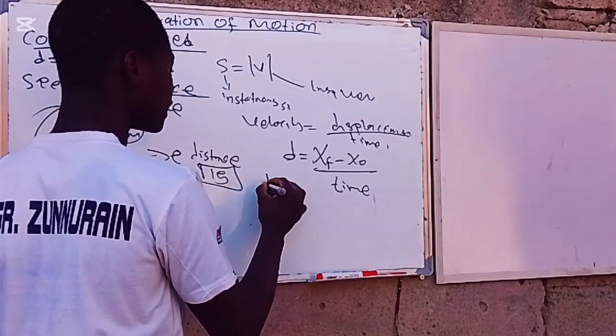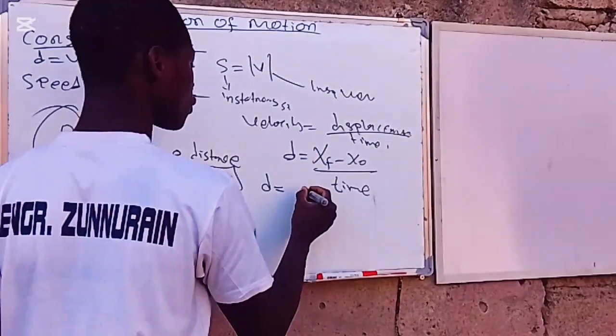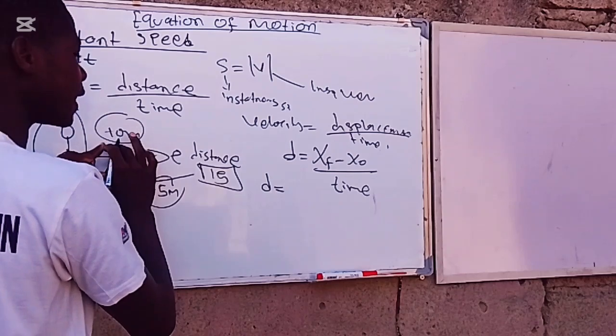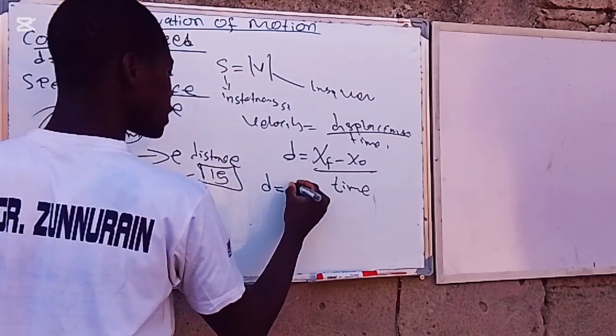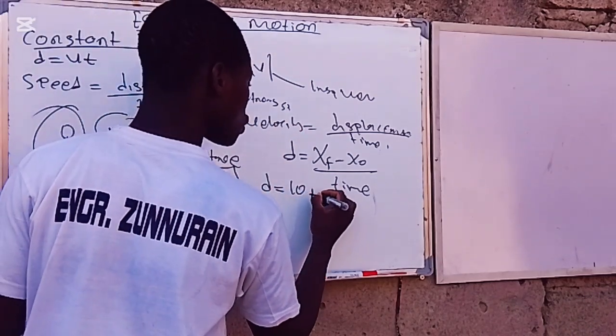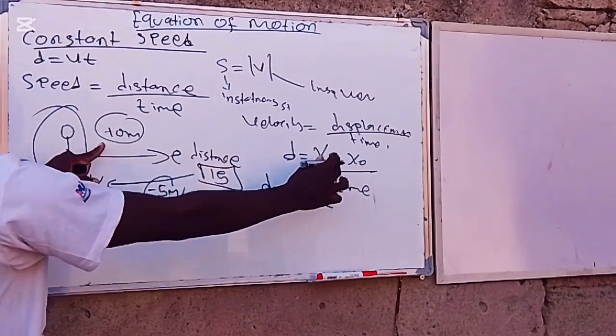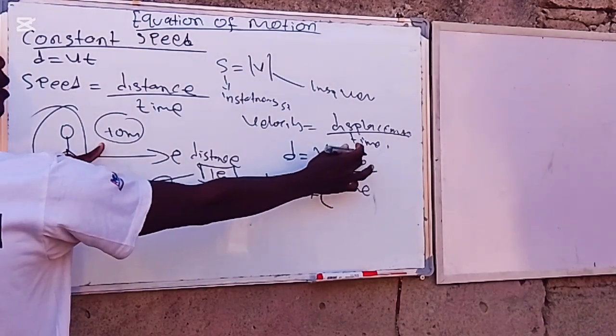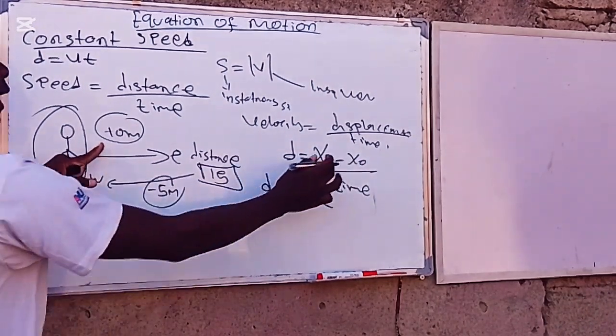But if I am to find the displacement, this displacement should now be equal to the final, that he first moved to the east, which is 10, plus the negative initial.